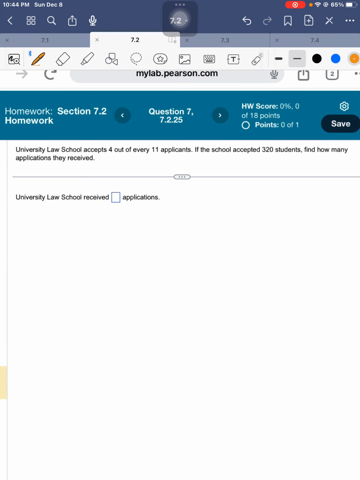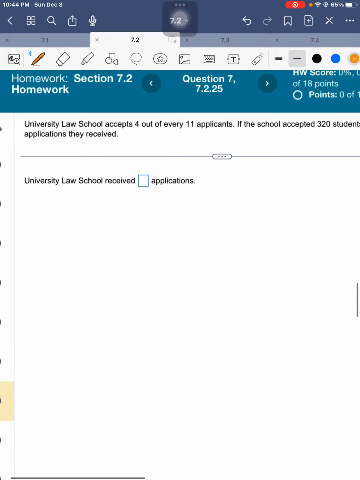What about this one? University Law School accepts 4 out of every 11 applicants. Instead of just writing 4 over 11, it's better, and you should, write some sort of unit. We don't have minutes or gallons or hours or pizzas, but we do have something.